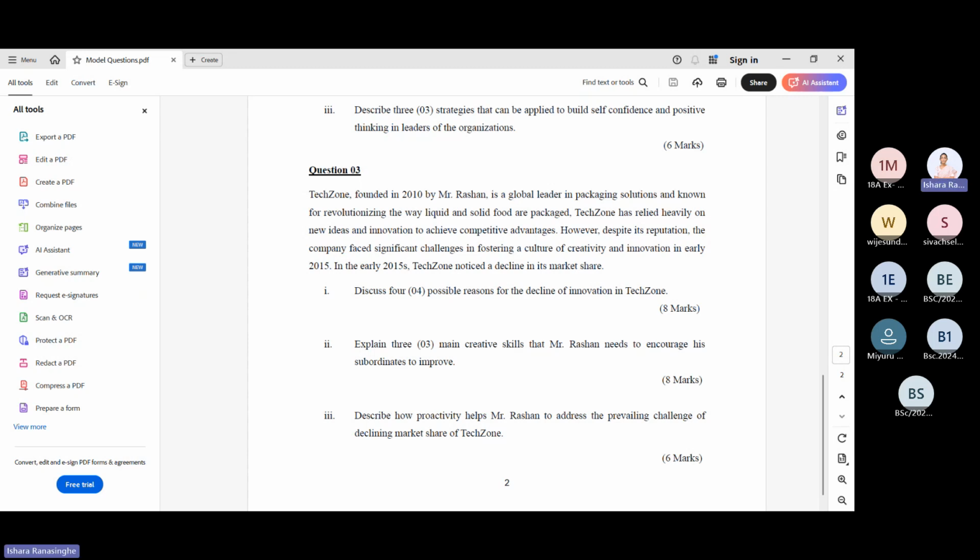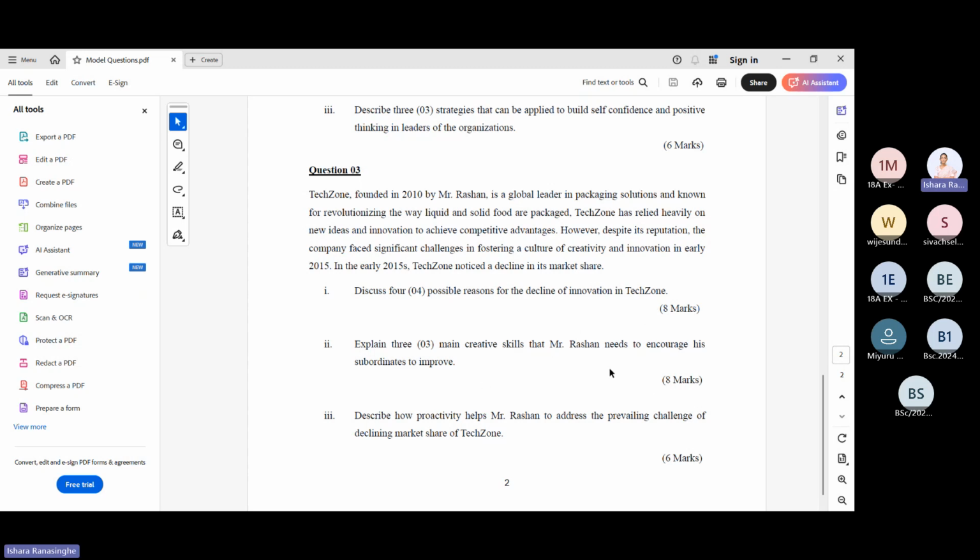Right? Here also put 3. Yes, 3. I have allocated 8 marks. Probably for this kind of a question, I won't allocate 8 marks, but 6 marks. Since it's only 3, then I may allocate 6 marks.